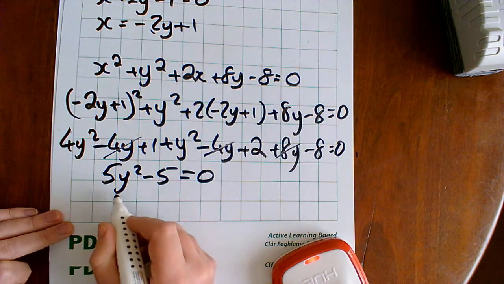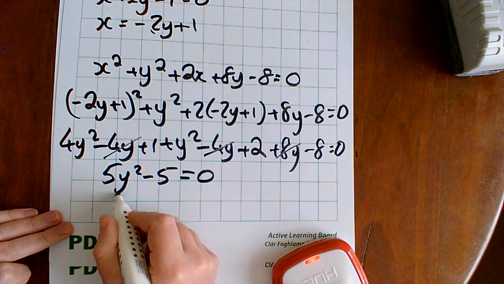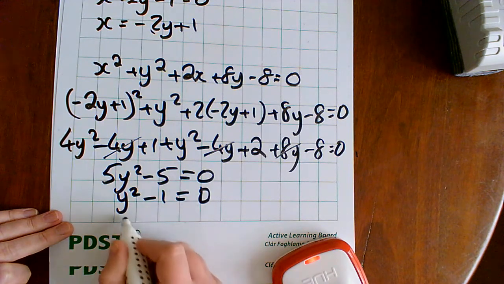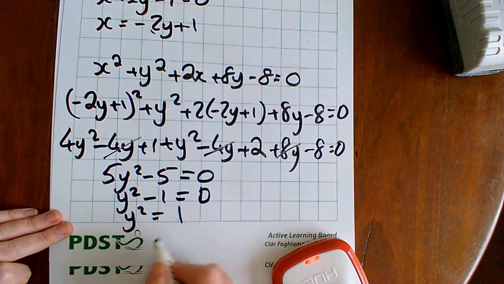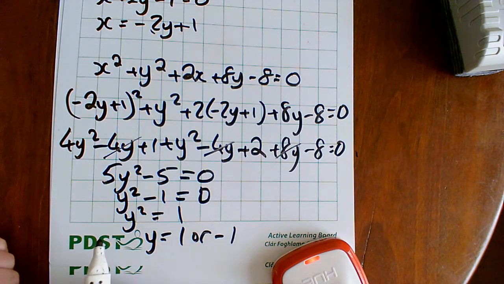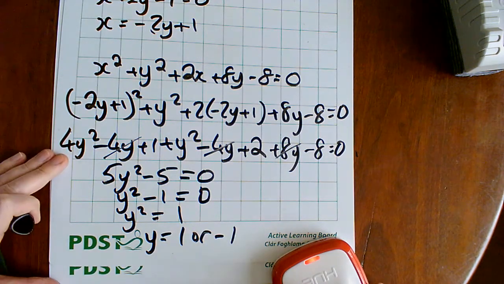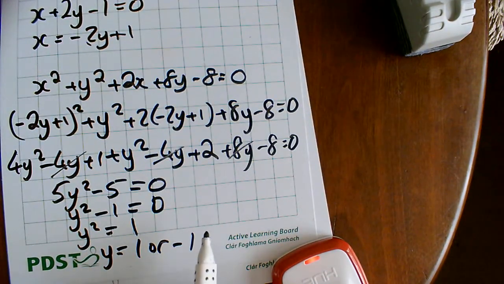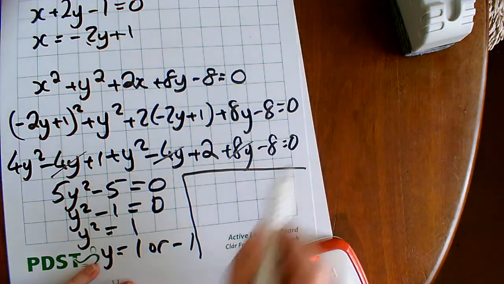And then to solve that, you can divide everything by 5, y squared minus 1 equals 0. So y squared is equal to 1. So y is 1 or minus 1. And then, to finish off, we want to substitute both of those into our equation, and I'm just going to squeeze it in down the bottom of the page.